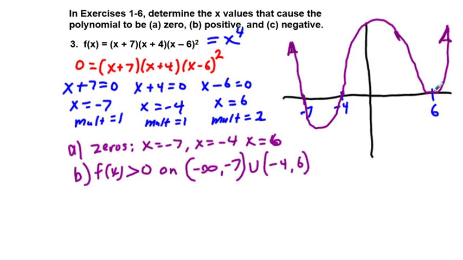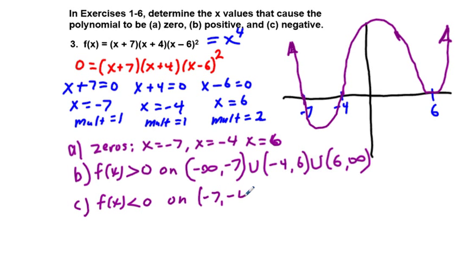And then at 6, the value of the function is 0, but greater than 6, we're going to have greater than 6, less than infinity. So that's going to be our positive. And finally, answer C, f of x is less than 0 on just between -7 and -4. And so this will be our answer.